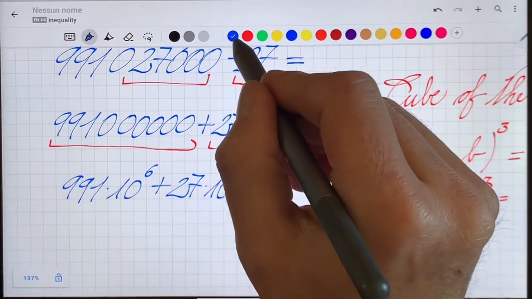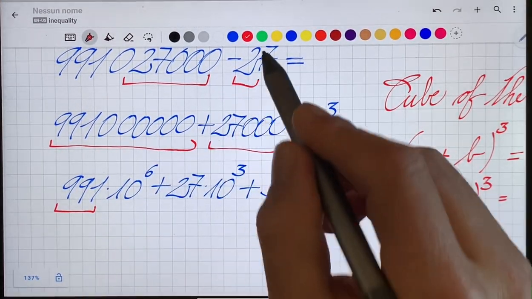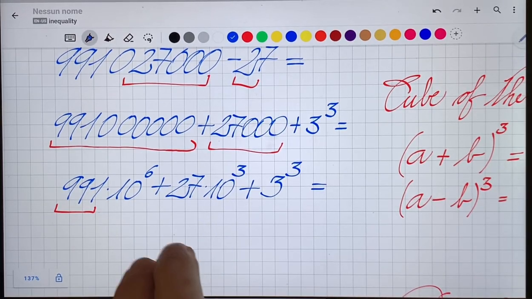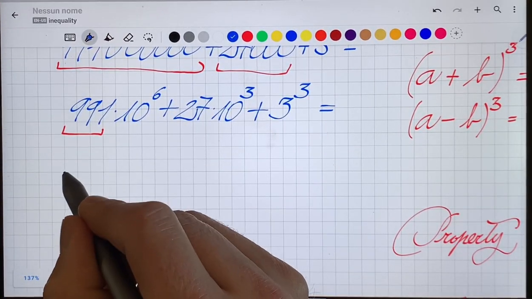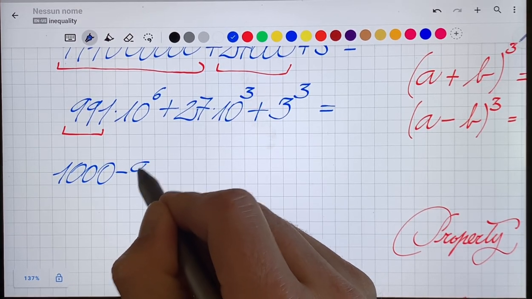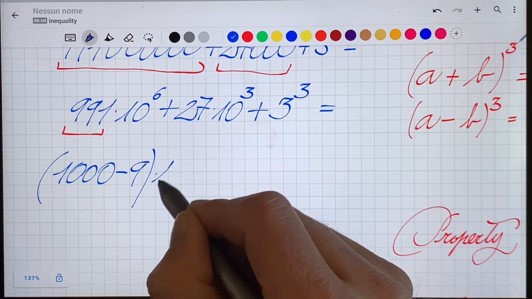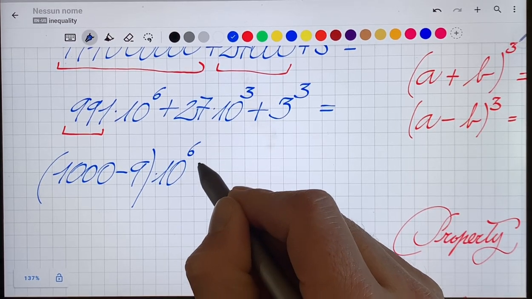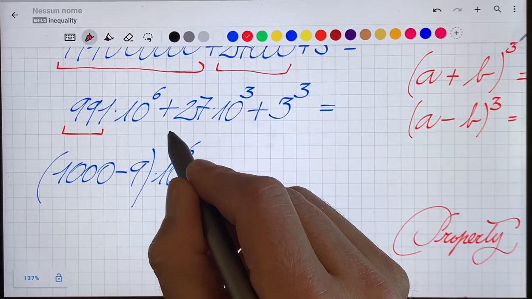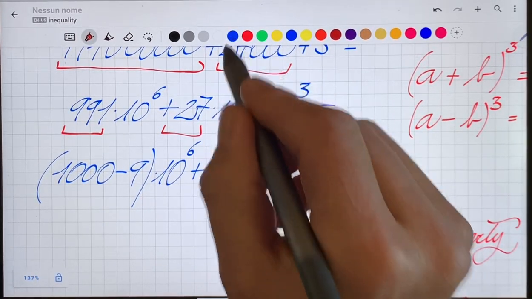Now, I will write 991 as 1000 minus 9. That multiplies 10 to the power of 6 plus. Now, I will write 27 as 3 to the power of 3.